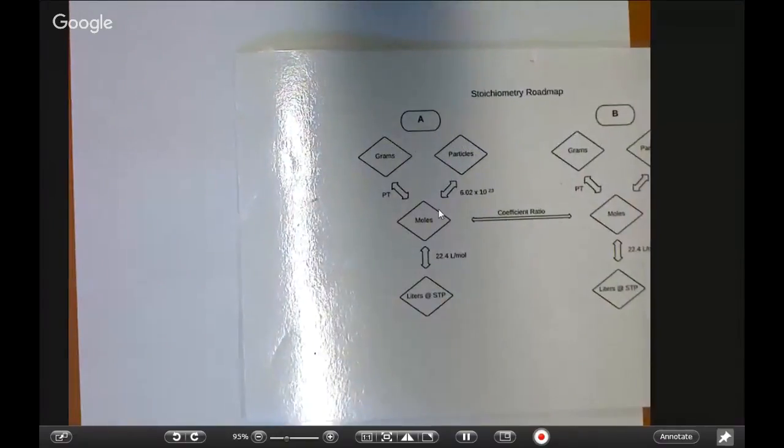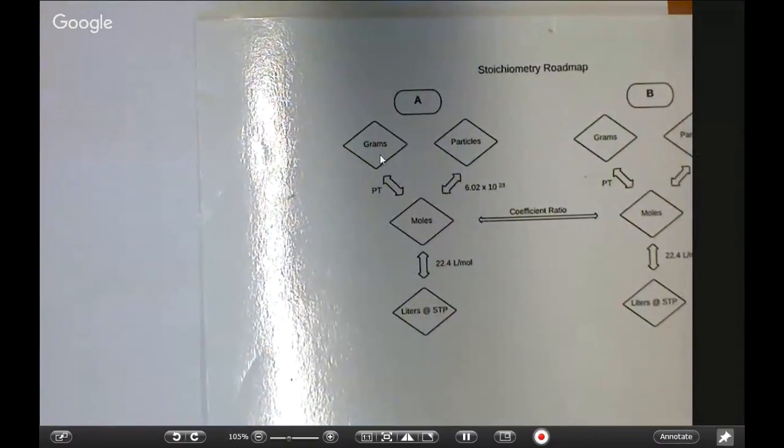So what we have here is side A. And what we've been able to accomplish so far calculation-wise is going from grams of one substance directly to moles of that substance using molar mass from the periodic table as our conversion factor. We've also been able to go from moles to particles using Avogadro's number, or moles to liters using molar volume, 22.4 liters for every 1 mole of substance. And we've been going back and forth through there, 1-step, 2-step, etc.